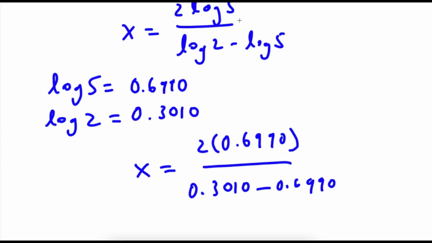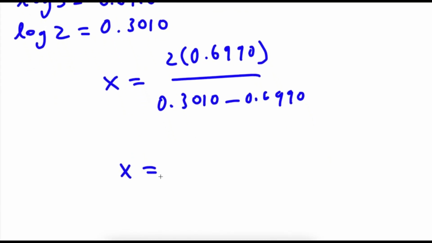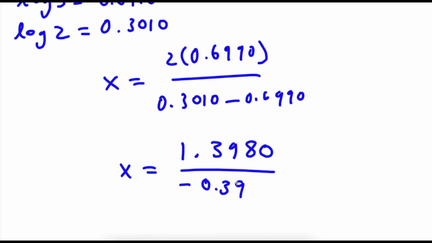Now, 2 times 0.6990 is going to be equal to approximately 1.3980. And now we are dividing this by 0.3010 minus 0.6990, and this is going to be equal to approximately negative 0.3980.